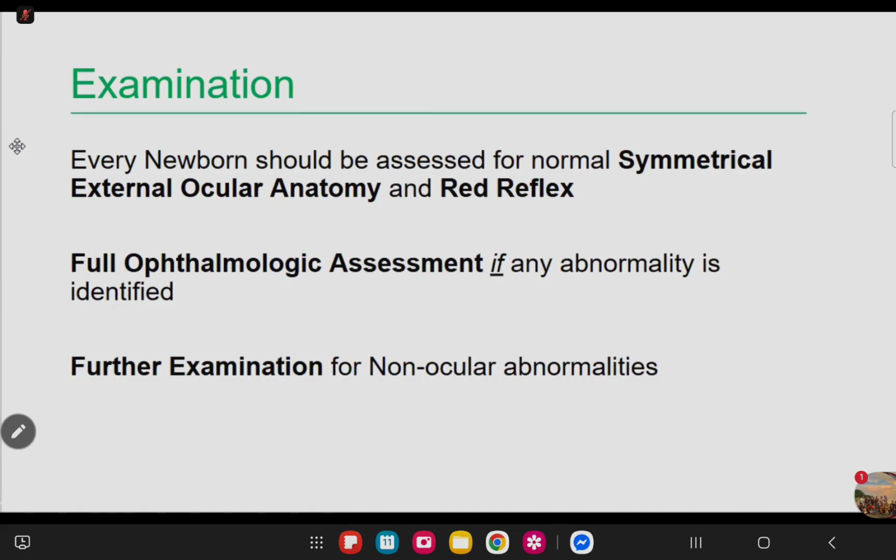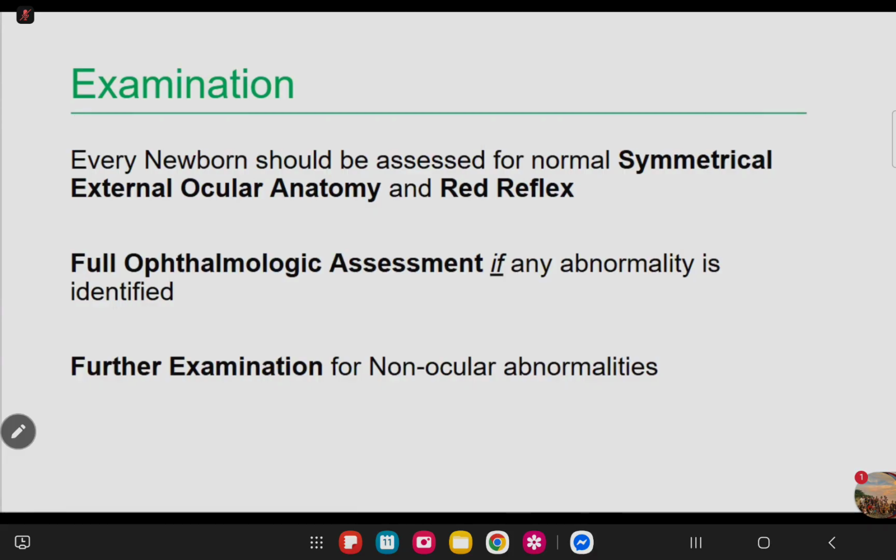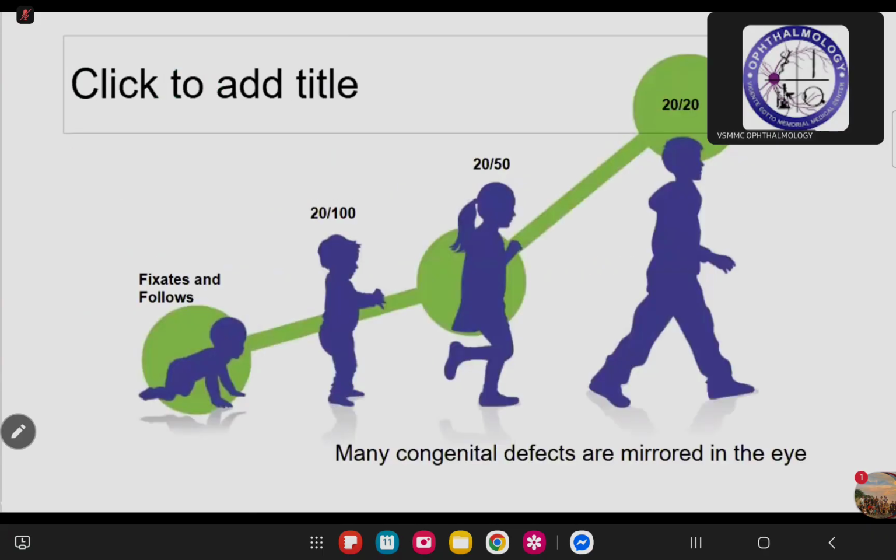There's also a full ophthalmologic assessment if any abnormality is identified, and further examination for non-ocular abnormalities, like systemic abnormalities, physical malformations, etc.